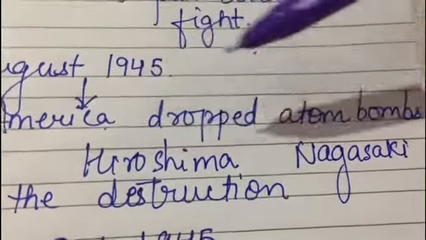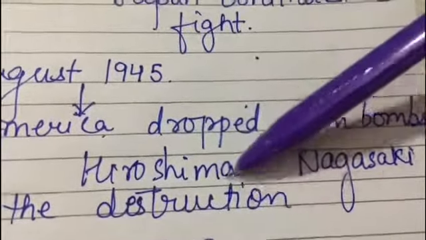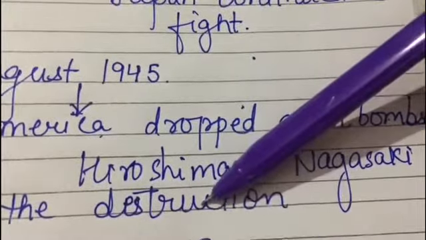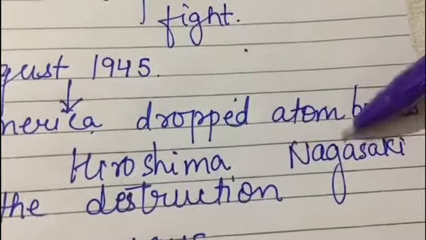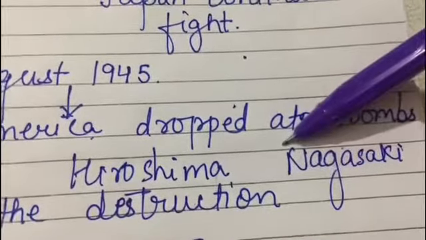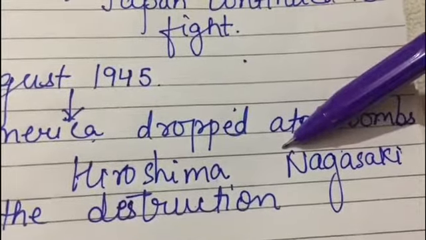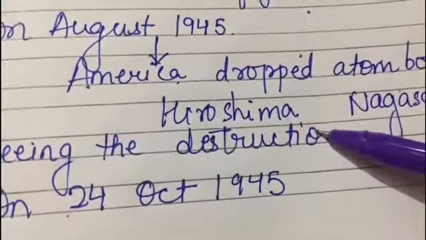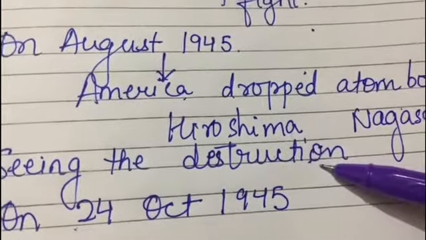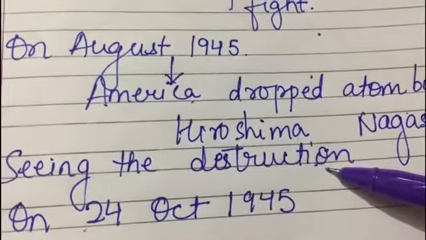So America dropped atom bombs on two Japanese cities, that is Hiroshima and Nagasaki. The atom bombs brought about such destruction that Japan was forced to surrender, bringing the war to an end.